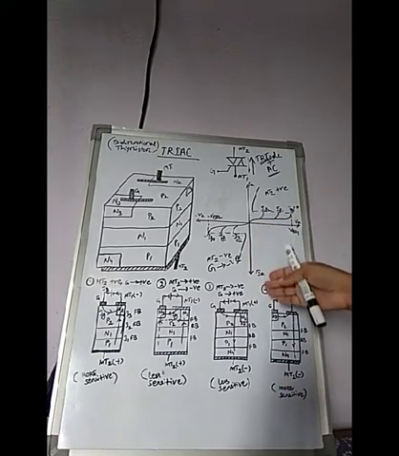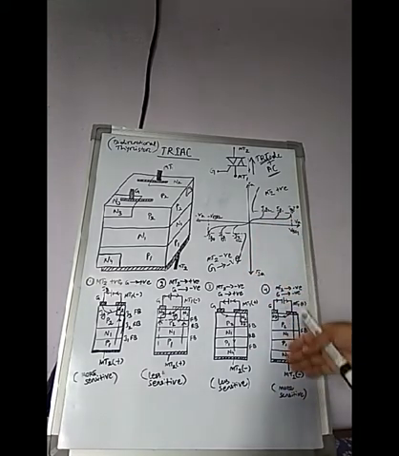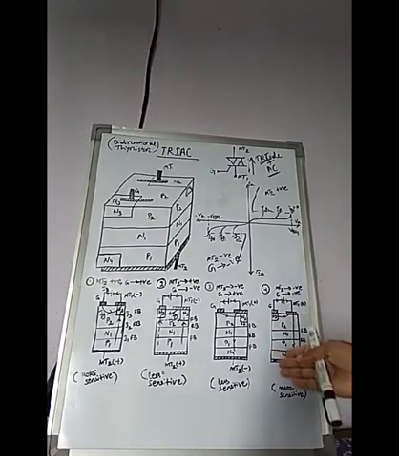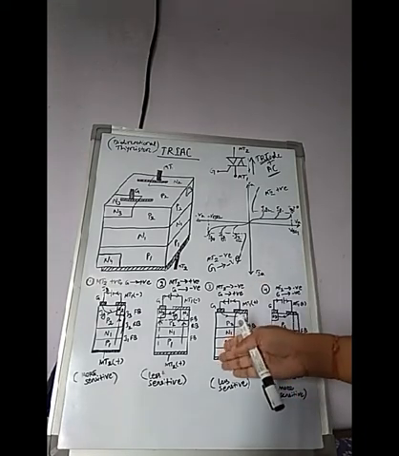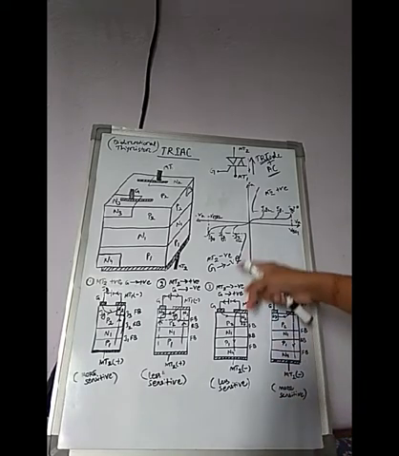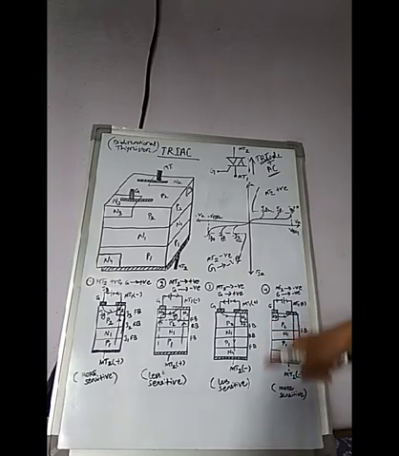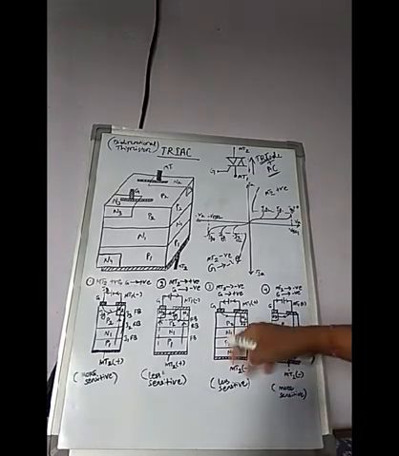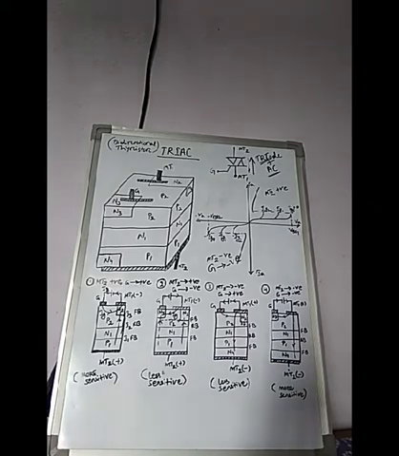But in this mode the device is more sensitive as compared to the previous mode. That's why it is more sensitive in this type of operation. In this quadrant 3, this is a more sensitive method as compared to the third mode.